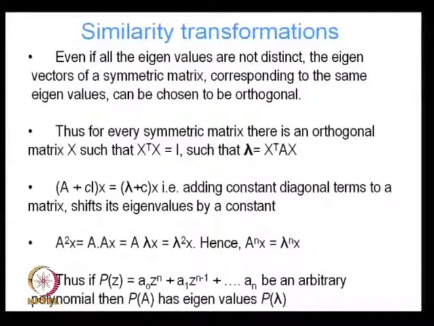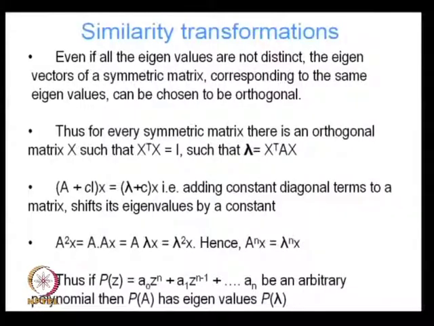Even if all the eigenvalues are not distinct, the eigenvectors of a symmetric matrix corresponding to the same eigenvalue can be chosen to be orthogonal. There are procedures for orthogonalization which we are going to talk about later in this course, but basically for a symmetric matrix, if there is more than one eigenvector corresponding to an eigenvalue, we can make those eigenvectors orthogonal to each other.